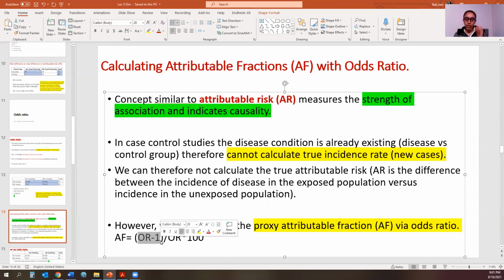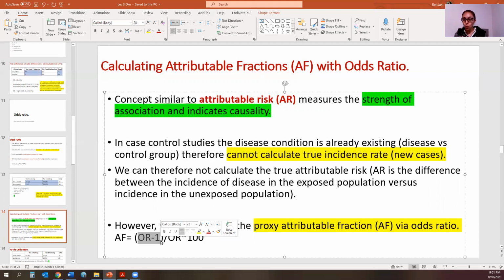Again, over here it is doing the same thing, which is trying to label this association between your IV and your DV, in your case a cohort study or your cross-sectional study, in which you cannot calculate the true incidence. Why can you not calculate the true incidence? Because cross-sectional studies are a snapshot. You're not following them for 10 years. You don't know when they developed the disease. It's not during the time you were doing your research with them.